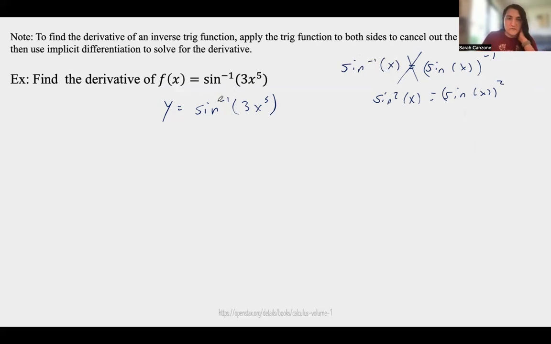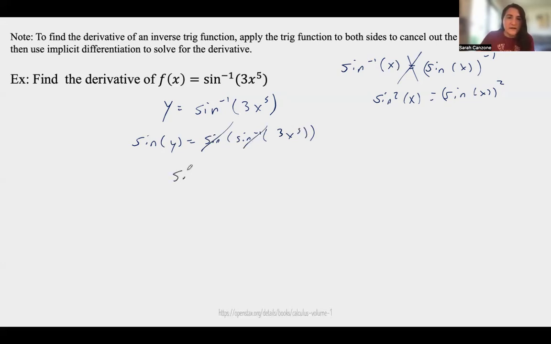To get rid of an inverse, we can just apply the original function, which means that if I take the sine of both sides, well, inverses get rid of the original function. When you take the inverse of a function, they go away, and you're just left with, in this case, the argument of the function.